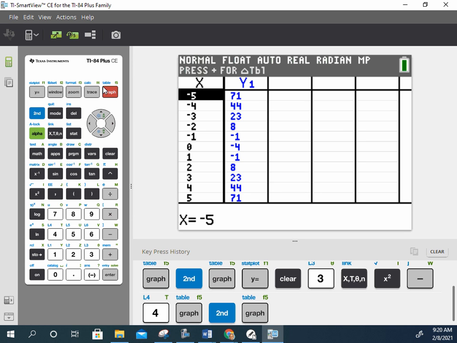So 0, -4 is there. So we use two numbers less than that, -2, -1. Two numbers greater than that, 1 and 2. So you look right in the middle of that table, that's what we're going to be using.